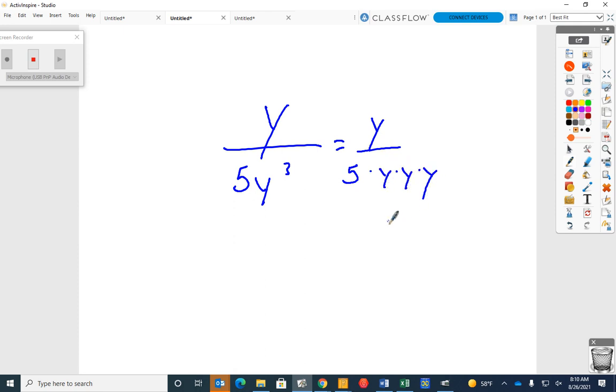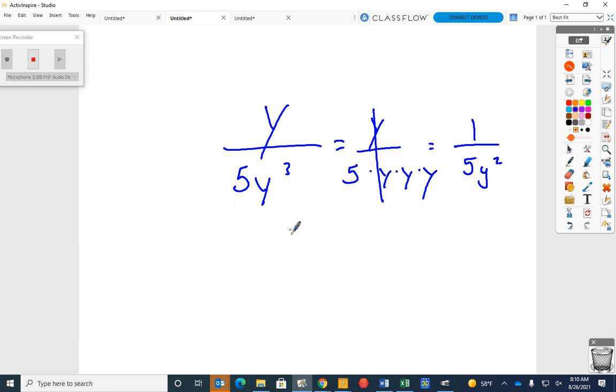Okay. What's the only thing that's going to cancel out here? The y. So what do I have left on the bottom? 5y to the second. But I can't just put a 0 up here, can I? It doesn't go away. So what do you think I should put up top? A 1. Okay, that would be 1 over 5y squared.